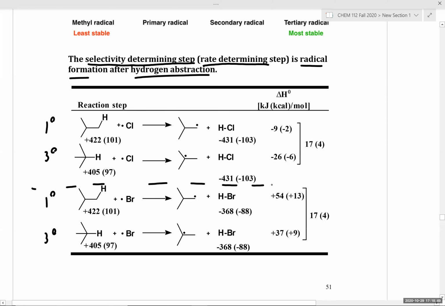Now, I want you to pay special attention to these energy values. Do you notice anything a little bit odd, a little bit different about the enthalpies associated with this radical abstraction step for chlorination versus bromination?